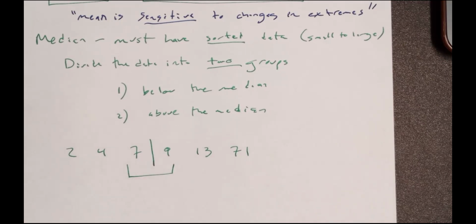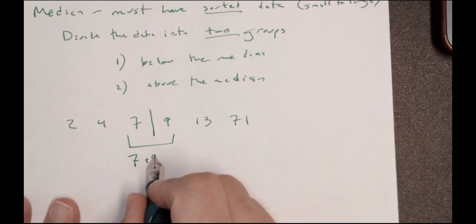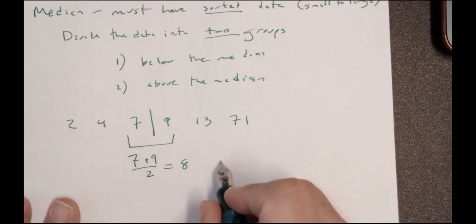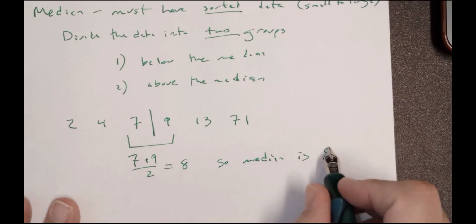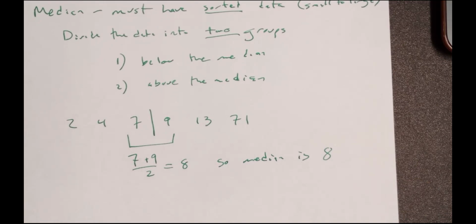Let's average those. The only time this is going to happen is when you have an even number of things in your list. If you have an odd number of things in your list, you will hit one of the values. If you have an even number of things in your list, you'll be between two values.